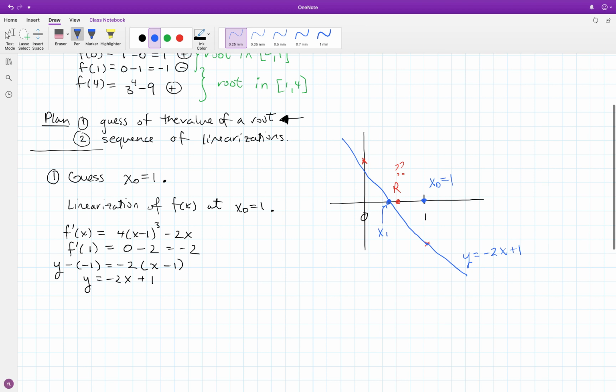Where is the x value that this line crosses the x-axis? Well, that's when the y value equals 0. So if I set my y equal to 0, I see that x equals 1/2. That is going to be my second guess at the root.